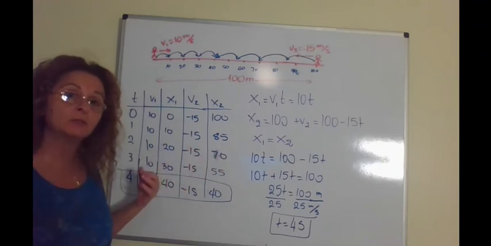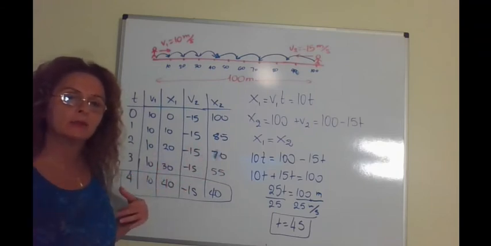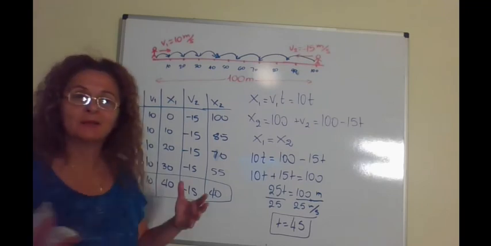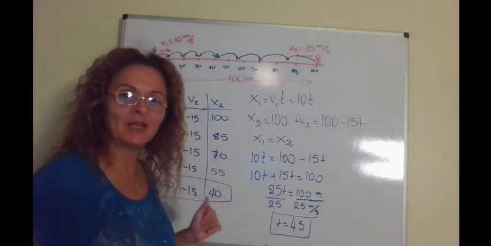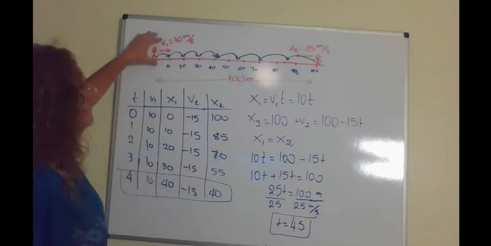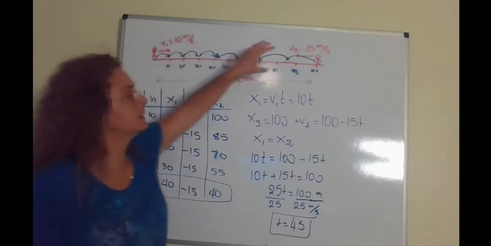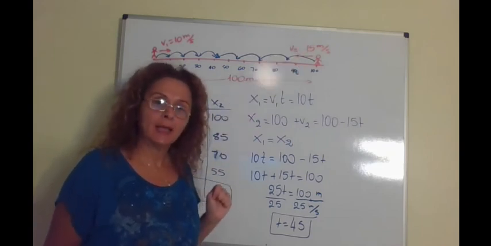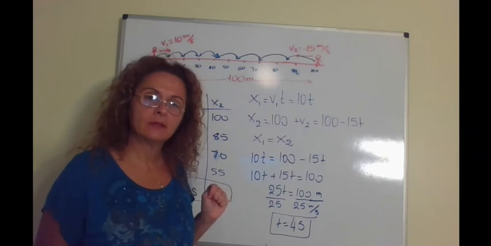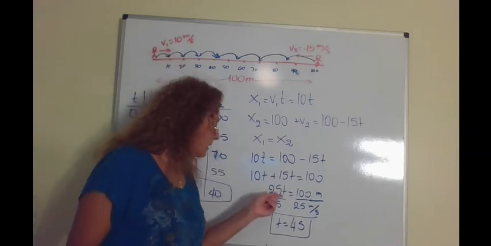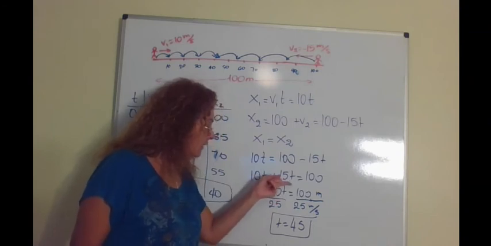Everything else moves, not him, right? When I move, the world moves around me. So he sees himself as not moving, and he sees the other as moving with negative 25, right?